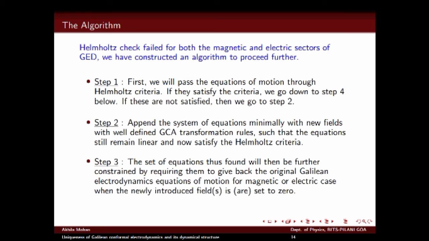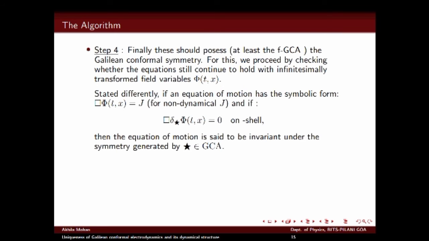If they satisfy the criteria, we go to step 4. Step 4 is for checking the invariance of the equations of motion under the Galilean conformal symmetry algebra. If you get a set of equations of motion which are invariant under step 4, then you can go to construction of the action directly from here.